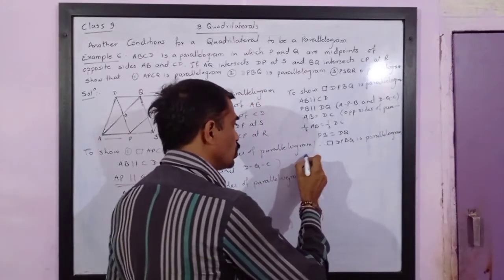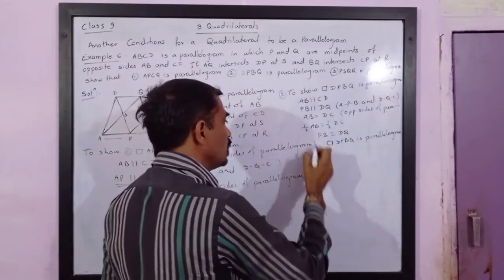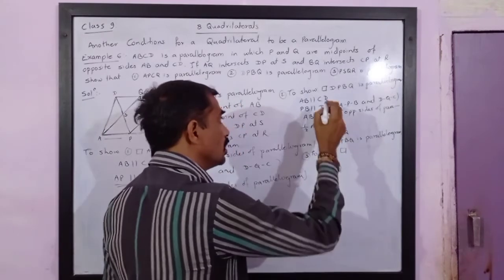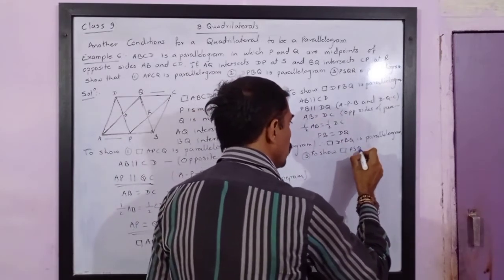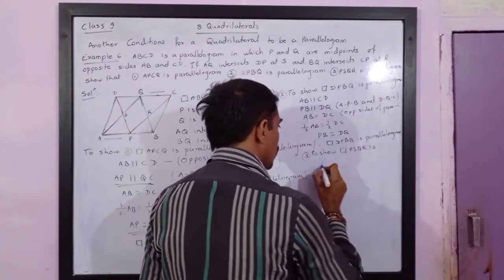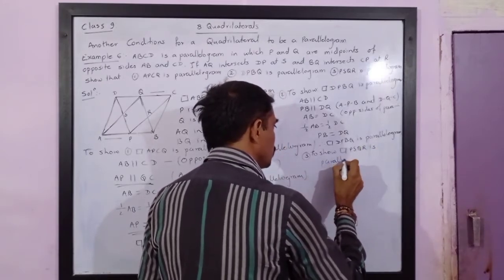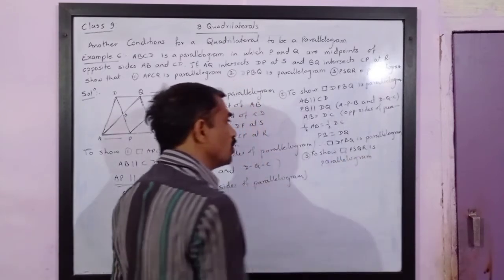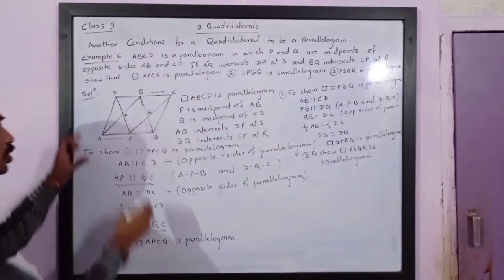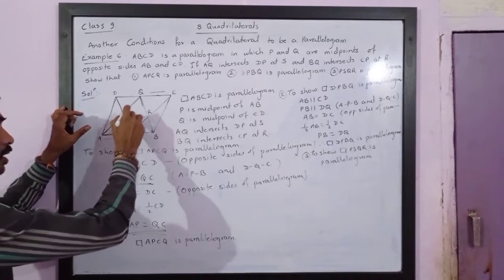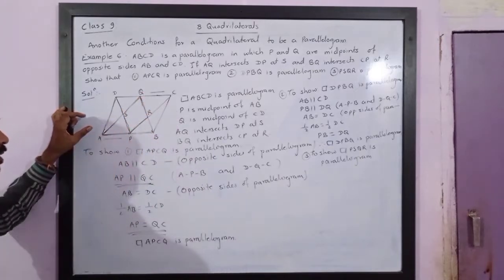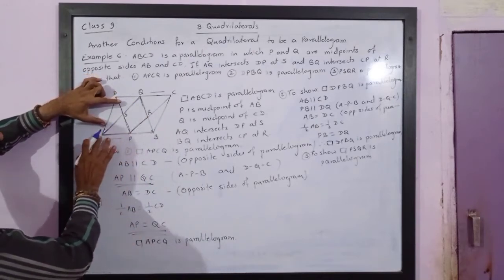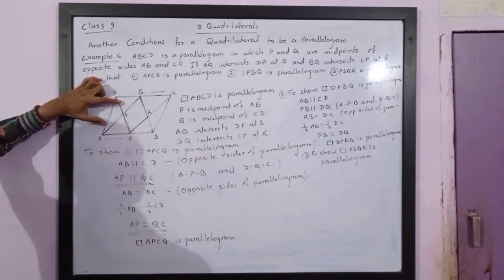Now third, to show quadrilateral PSQR is a parallelogram. We have already proved from result 1 that APCQ is a parallelogram.